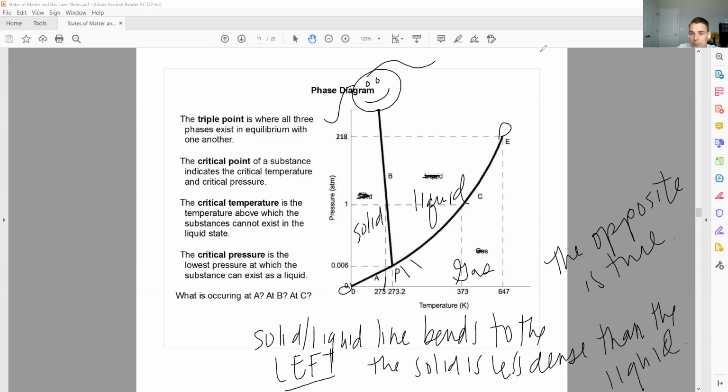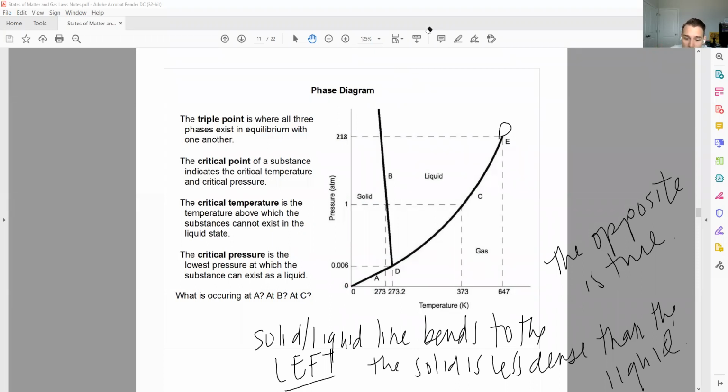This thing here, let me erase this girl, get rid of this so we can clearly see. This thing is water, okay? So at 273, which is 0 degrees Celsius and 1 atmosphere, that's the solid-liquid, the freezing point.